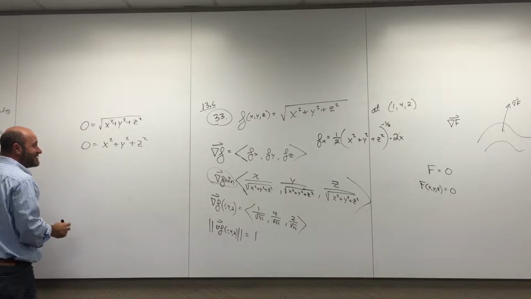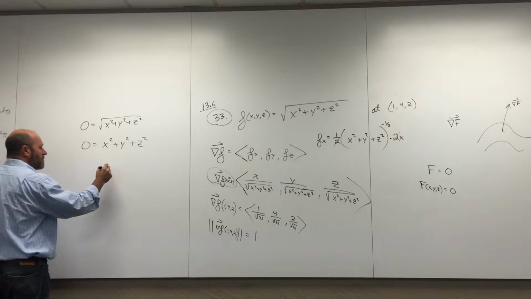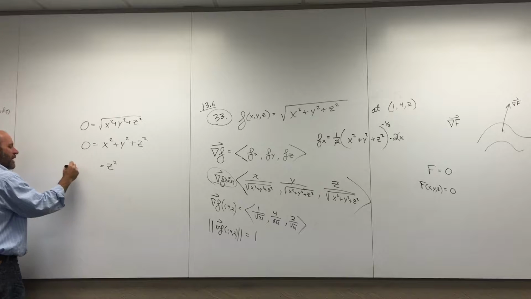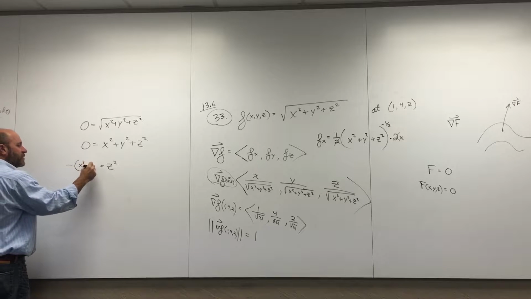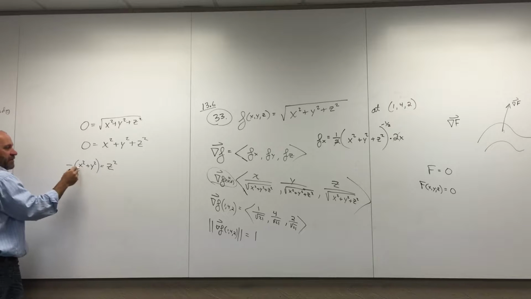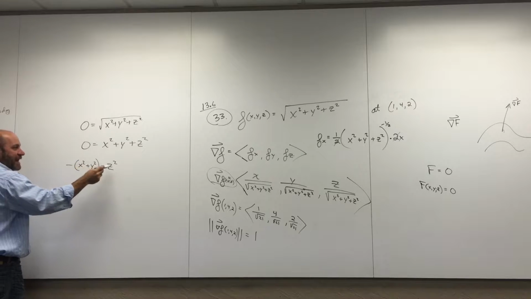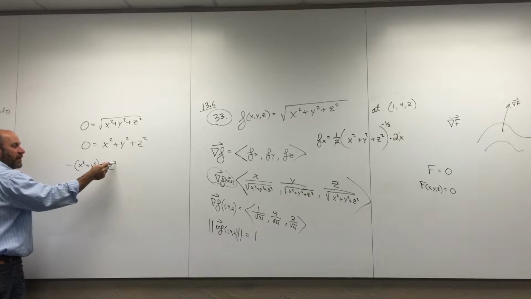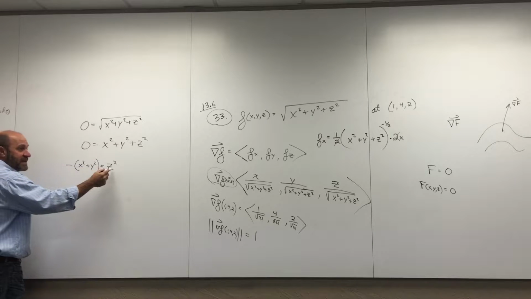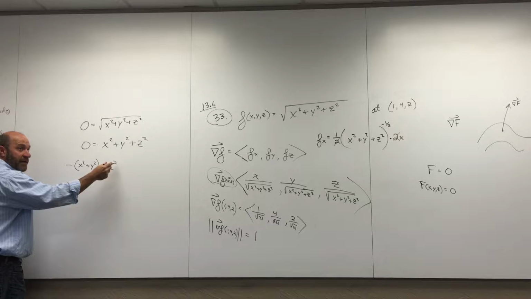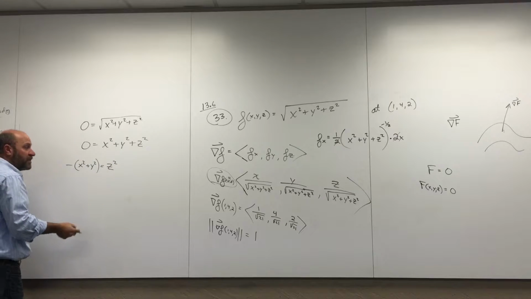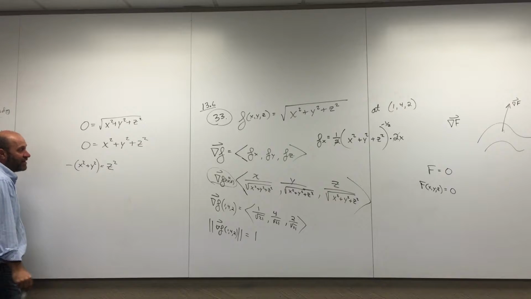If you move the x squared and the y squared over and factored out the negative, wouldn't that be an upside down elliptical cone? Okay, that's a good point. He says move the x squared, y squared over. They're both negative, but this is bad. Now I have a z squared equaling a negative number. How can z be squared and equal a negative number? I mean, this is producing nothing.